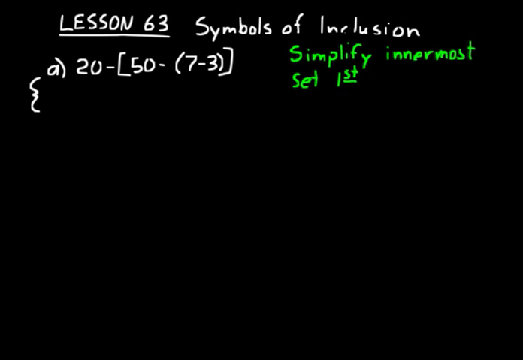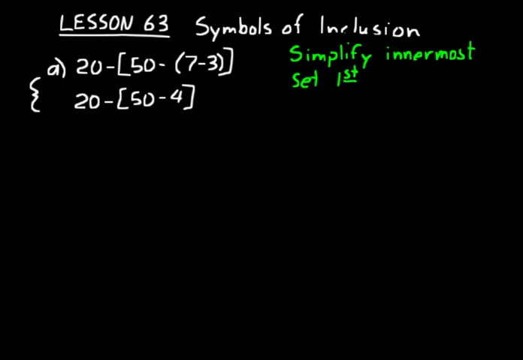An important tip to remember when you're doing operations with symbols of inclusion is to simplify the innermost set first. For example, on practice problem A, we would rewrite this problem underneath the original one, and simplify that innermost set first. So we'd do that 7 minus 3, which is 4.